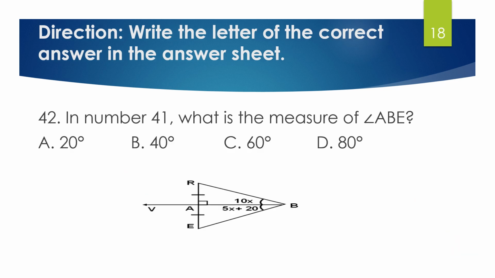In number 41, what is the measure of angle ABE? If x is 4, we have 5 times 4 plus 20, so we have 20 plus 20 equals 40.